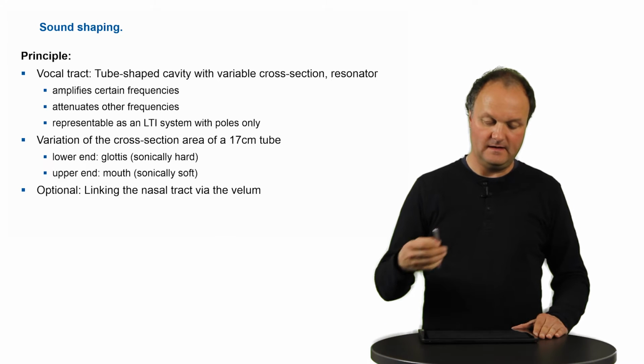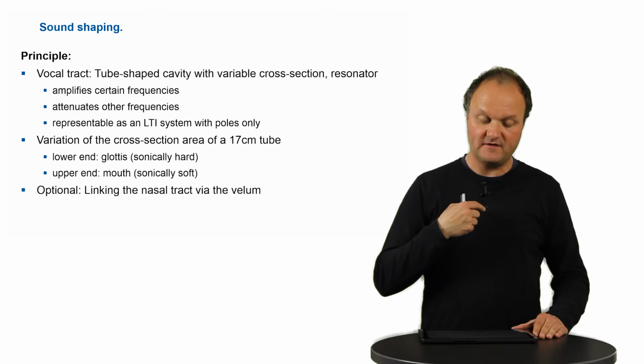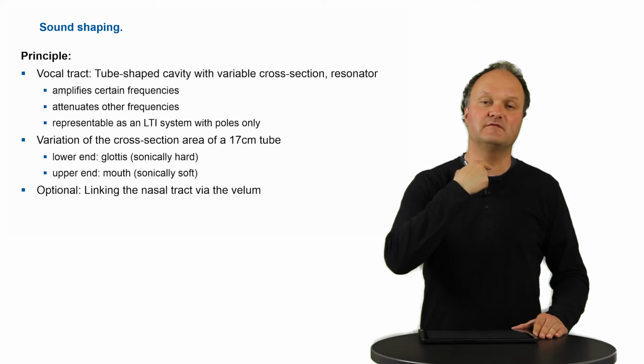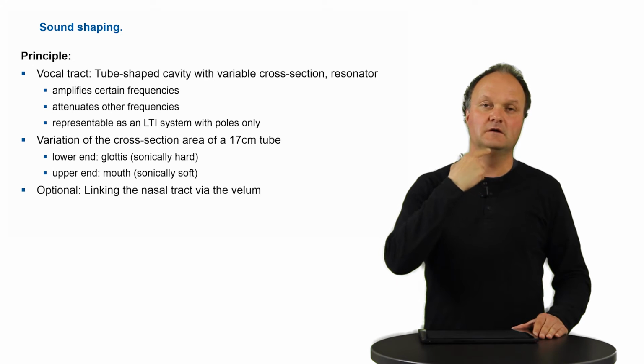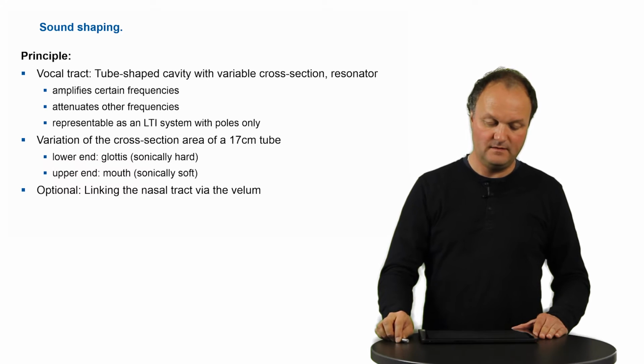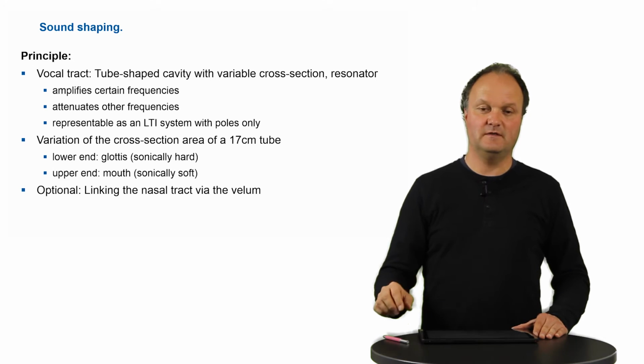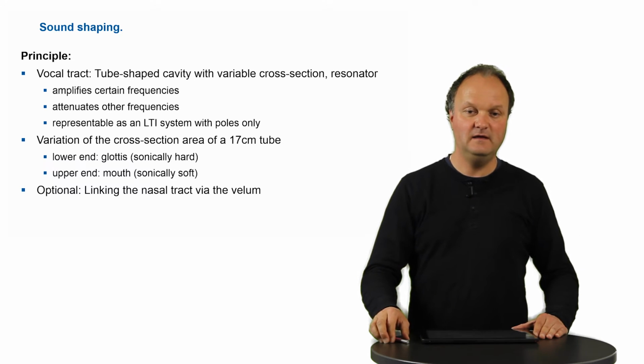Physically, this can be described by a tube of variable cross-section, which is approximately 17 centimeters long from the glottis here to the tip of your lips. At the lower end, at the glottis, there is a structure behind, so there's a sonically hard ending.